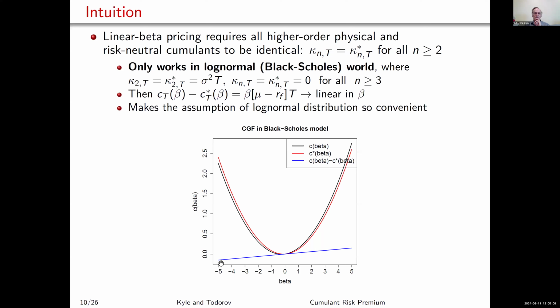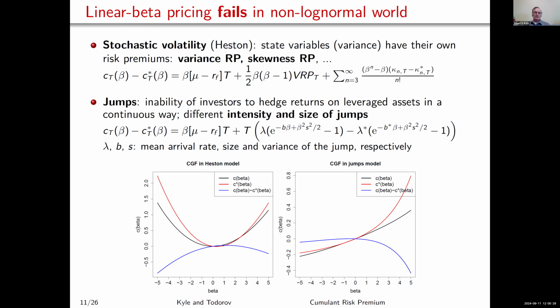That blue straight line here is basically saying linear beta pricing works fine in a Black-Scholes world. And my interest in this is basically the idea that it only works fine in the Black-Scholes world. But if you look at other assumptions that are not Black-Scholes, it doesn't work at all.